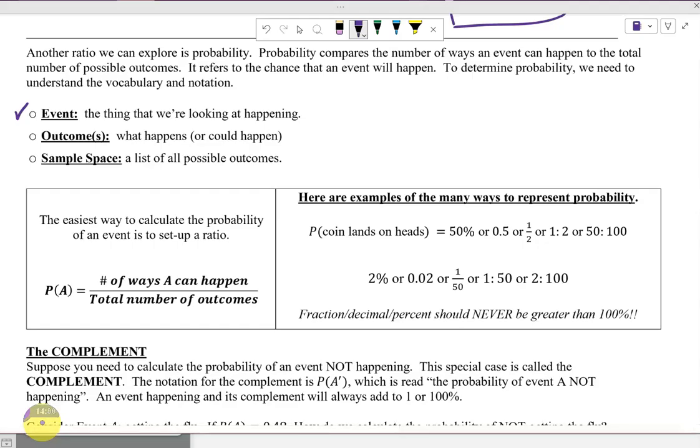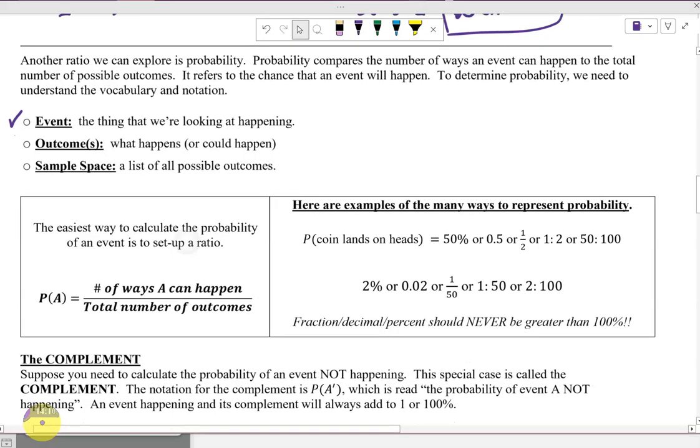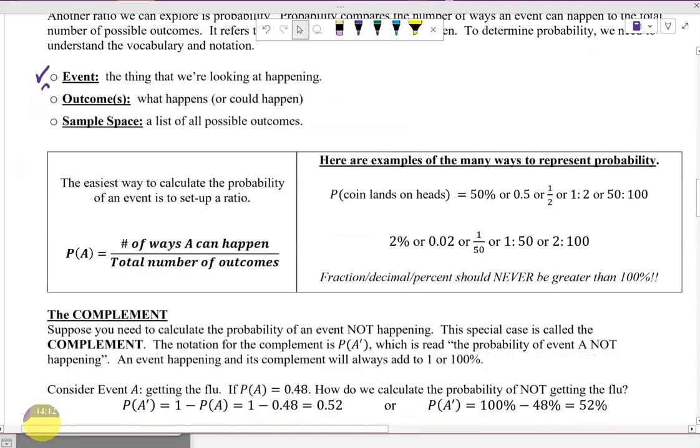What's the probability you get a ham sandwich? So you have to be able to grab the red sock. If there's no red socks in there, then the probability is 0. But that's what we're looking to have happen. The outcome is what happens or could happen, and the sample space is all your possible outcomes, all your possible choices.